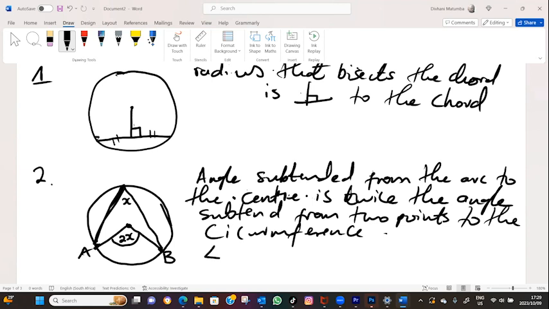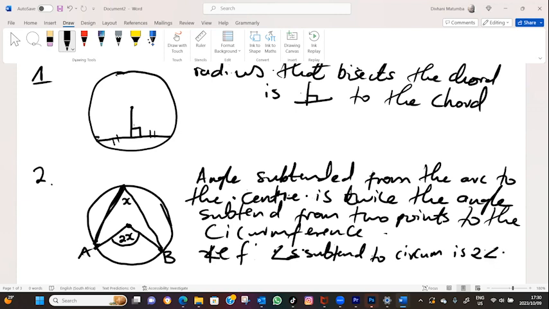So the reference is that the angle subtended to the circumference is 2 times the angle subtended to the center.